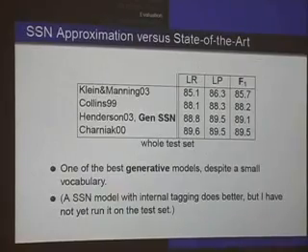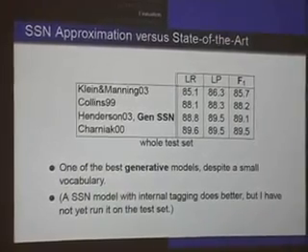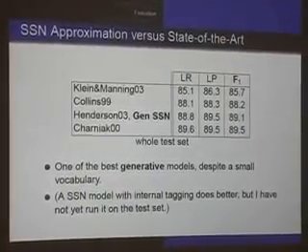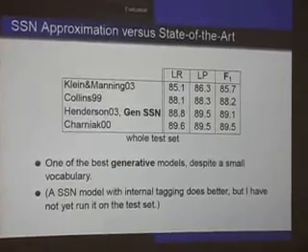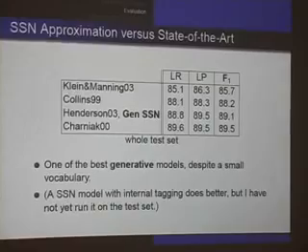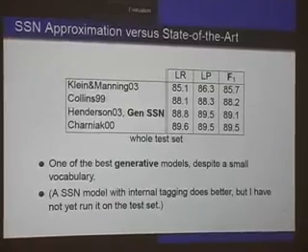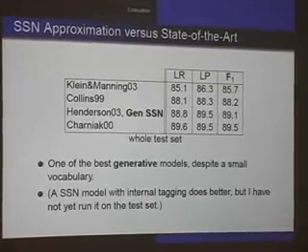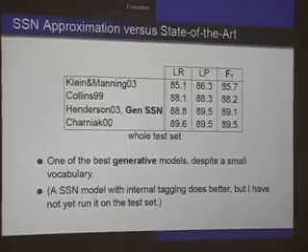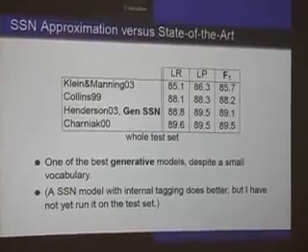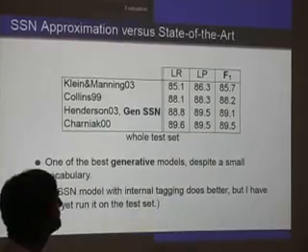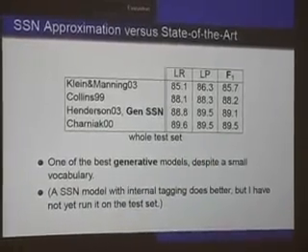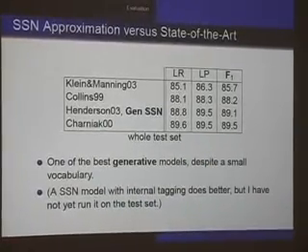Okay, but that's the 15 words data set. So I wanted to show you the results on the standard complete data set. These are the results of generative models on this data set, where we're very close to the best results with our generative model, even though we have a fairly small vocabulary.